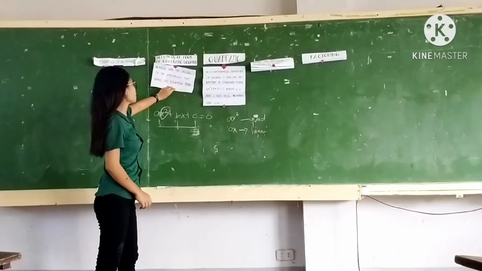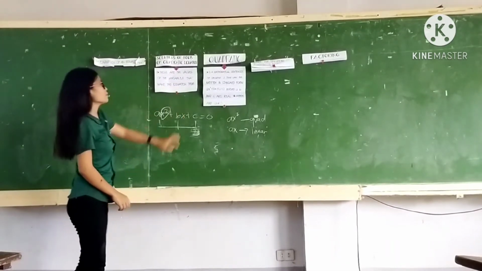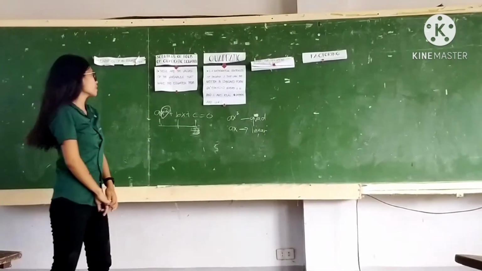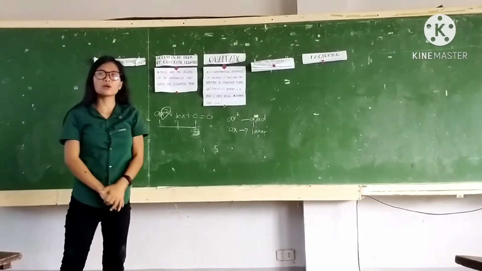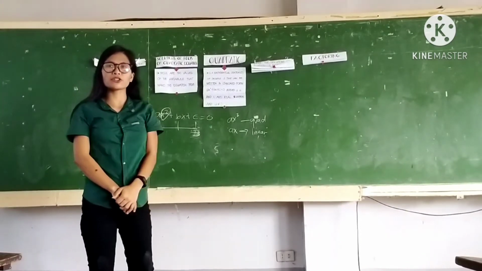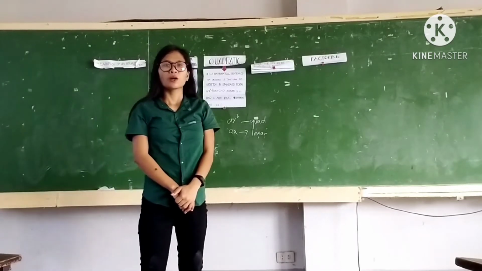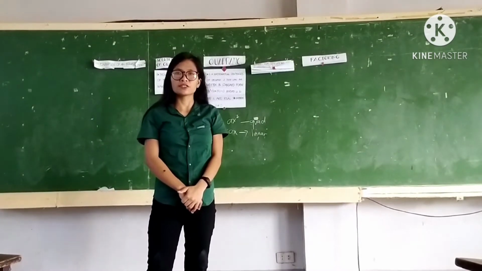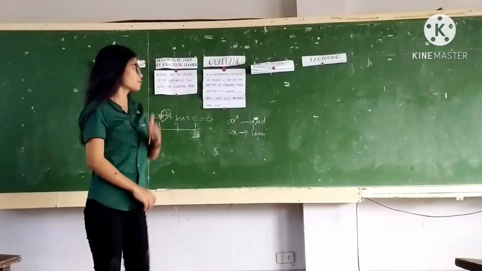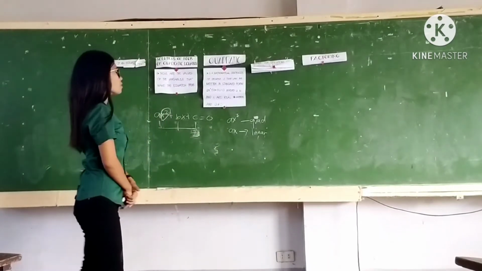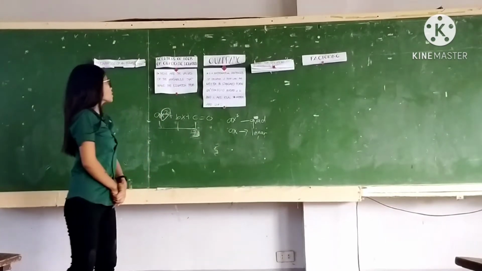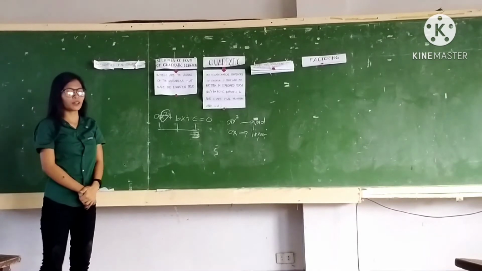These are the values of the variable or variables that make the equation true. When we solve the quadratic equation using different methods, such as factoring, completing the square, extracting the square roots, and the quadratic formula, the result is what we call the solution or roots of the quadratic equation.